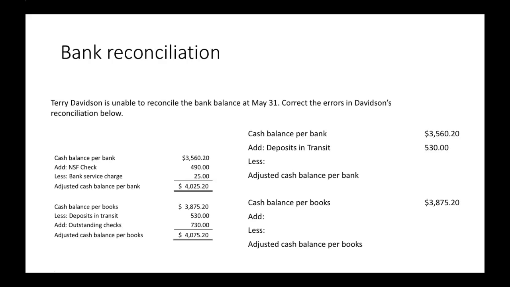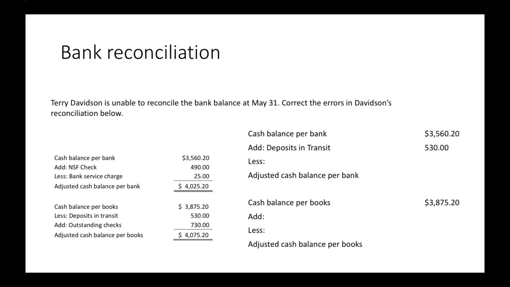Now, what's going to be subtracted on the per bank side? Well, we have three options left, right? We have the NSF check, the bank service charge, and outstanding checks. So let's go piece by piece. An NSF check is a not sufficient funds check, right? It's a check that bounced. So this is a check that a customer wrote you and you thought it was a good check, right? You're going to trust your customer that they have the money.